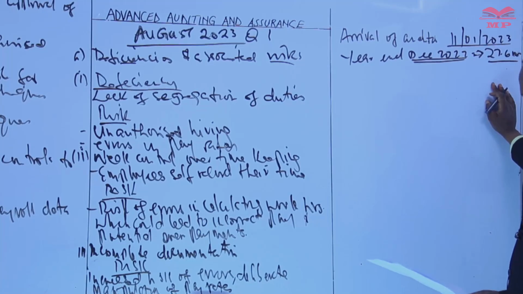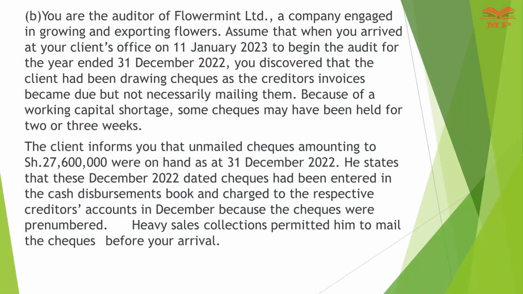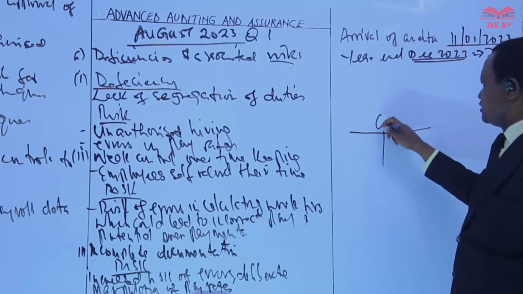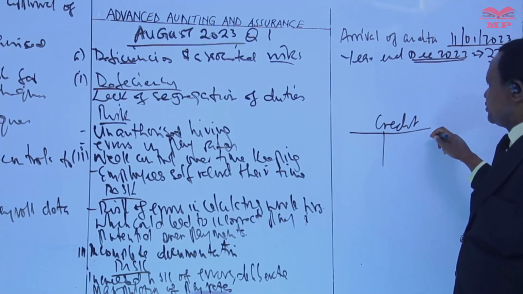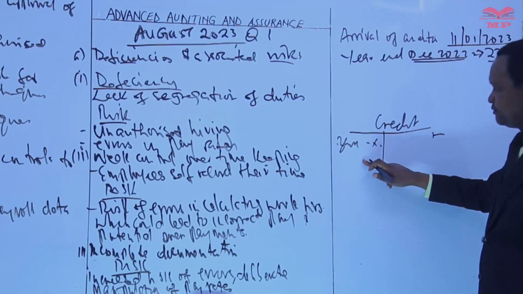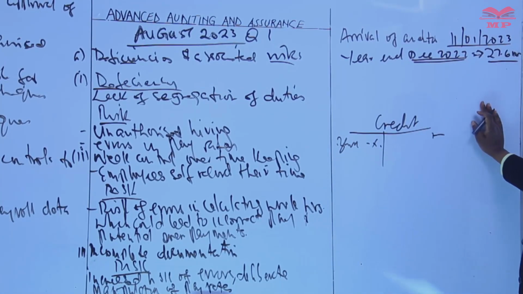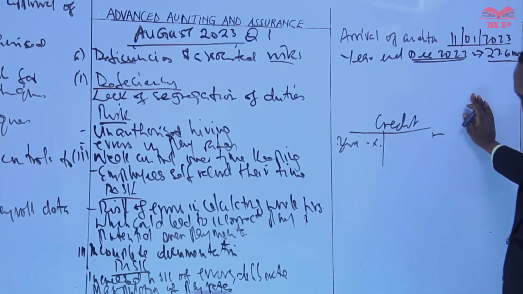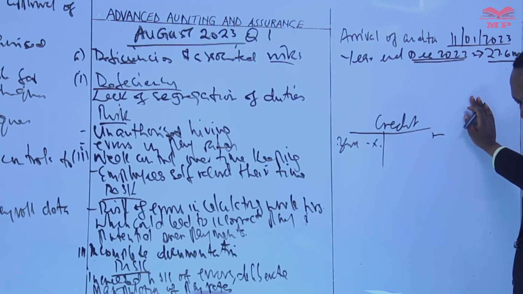They were on hand. So he says that these December 2022 dated checks had been entered in the cash disbursement book and charged to the respective creditors. So the creditors were paid. Balance, then pay, you debit. That means that the balance sheet does not have these creditors. Is that not the effect?